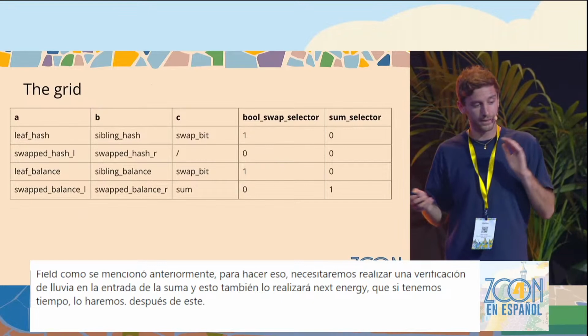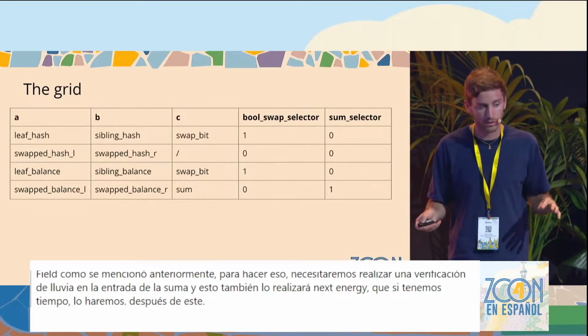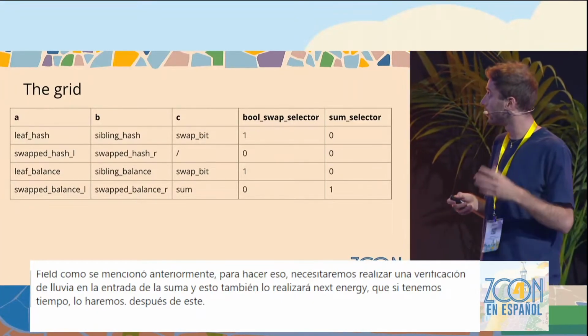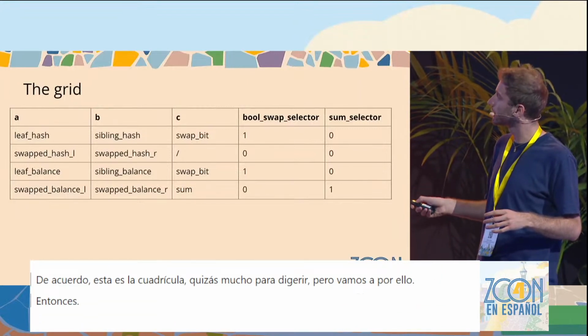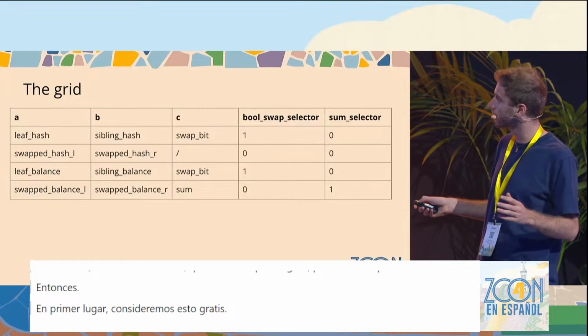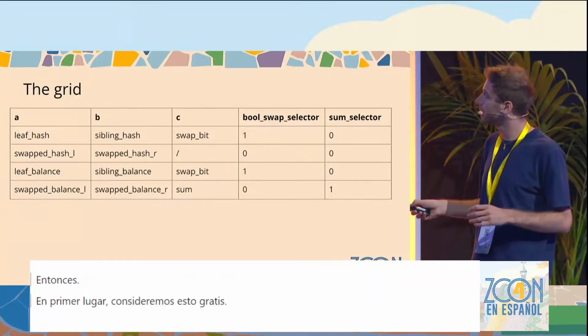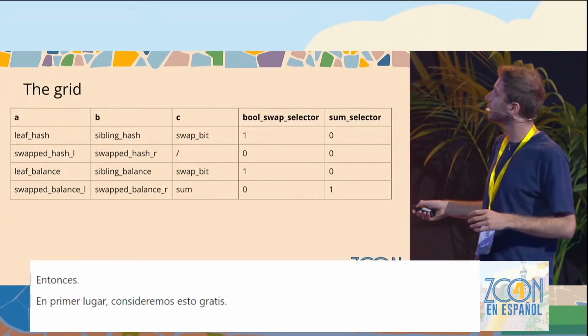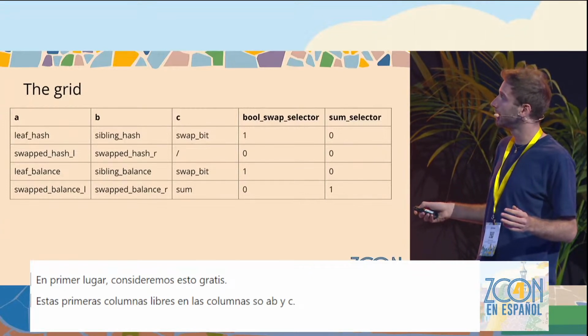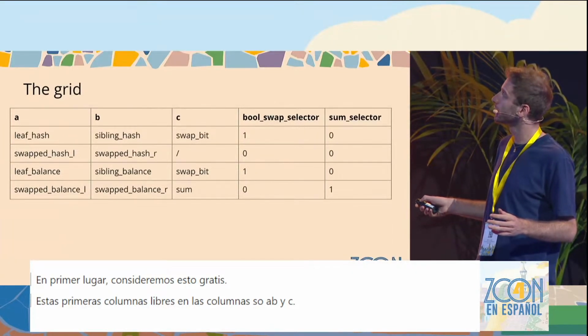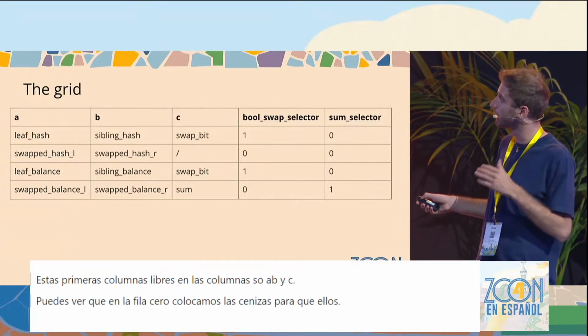Okay, so this is the grid. It might be a lot to digest, but let's go through it. First of all, let's just consider these first three columns, columns A, B, and C. You can see that at row 0, we place the hashes, the leaf hash and the sibling hash, and there's also this swap bit here.